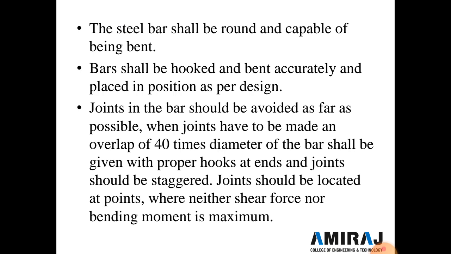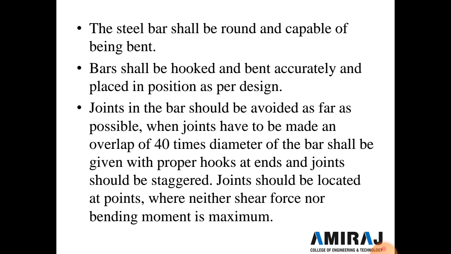And the bar shall be hooked and bent accurately and placed in position as per the design. This design is made by the structural engineer, and as per the design we use different types of bar, like different diameters of bar generally used for the column, beam, slab, etc., and to prepare stirrups we use small diameter bars.